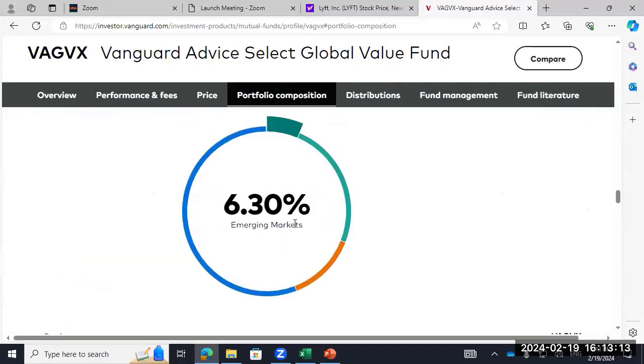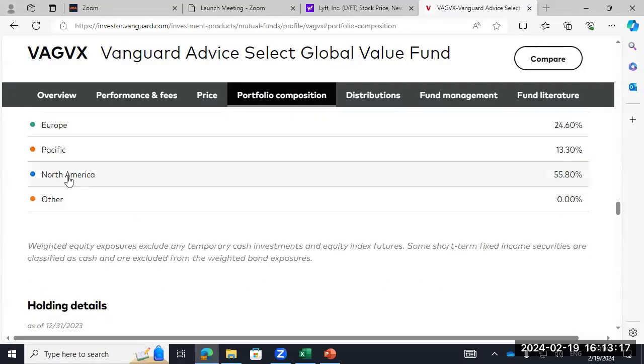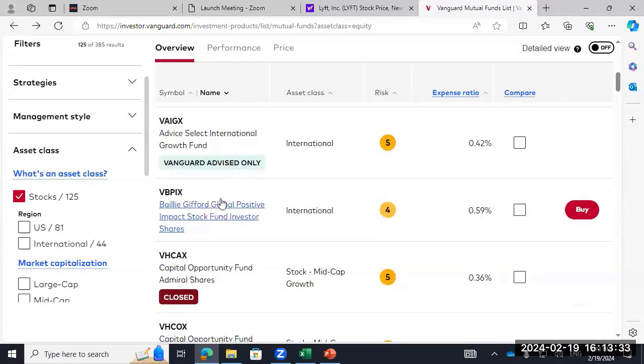They show you the emerging, so they make a big point out of that. North America is in there, 58.5%. You can tell the US is in there, right? If North America is 55%, they're not putting 55% in Canada and Mexico. So global means it includes the US.